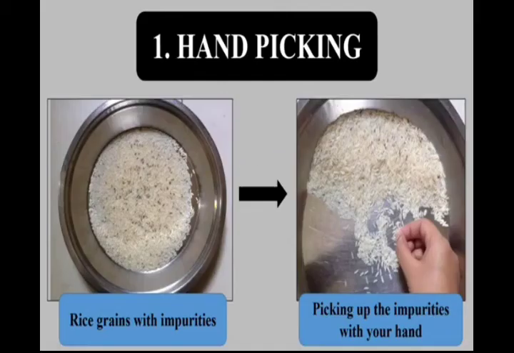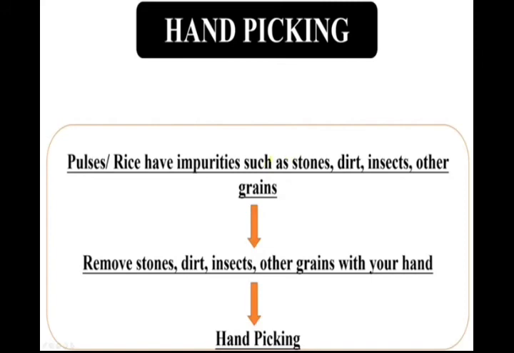First, hand picking. From the rice, how will you separate the grains from the impurities? This is a daily activity your mother used to do at home. Okay, what did she used to do? Did you ever help your mom to pick up the stones? Just simply using your hand, you can pick up the stones from the grains. Okay, and this is mainly used when the substance is of a bigger size.